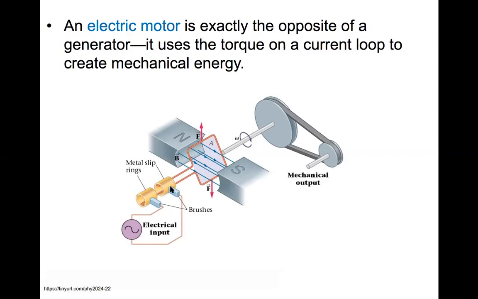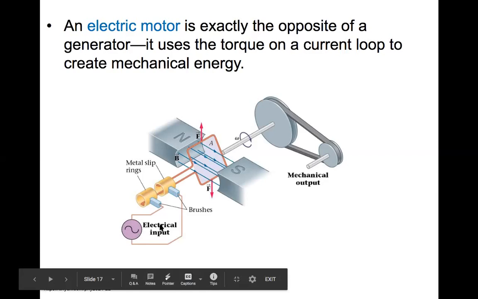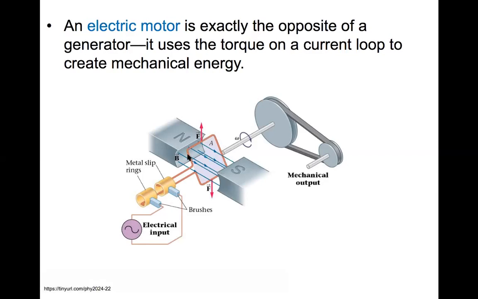When this electricity is sent to this coil, it's AC electricity, so the current will be changing all the time. That means there's a changing force on this metal coil.